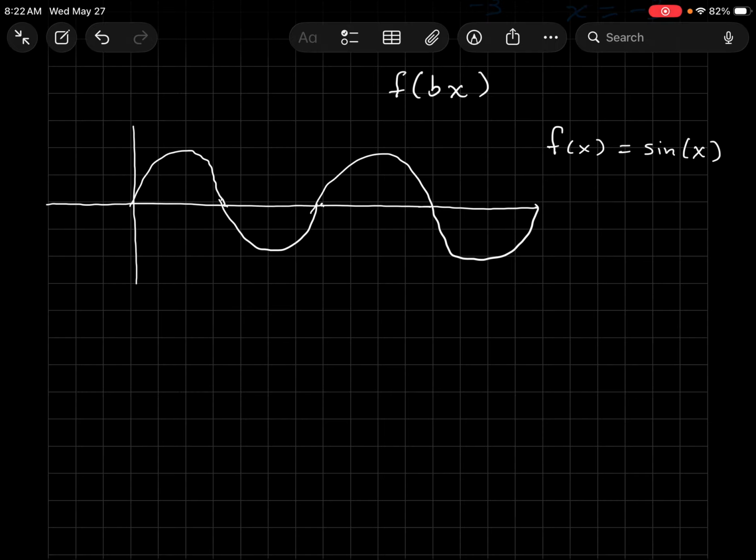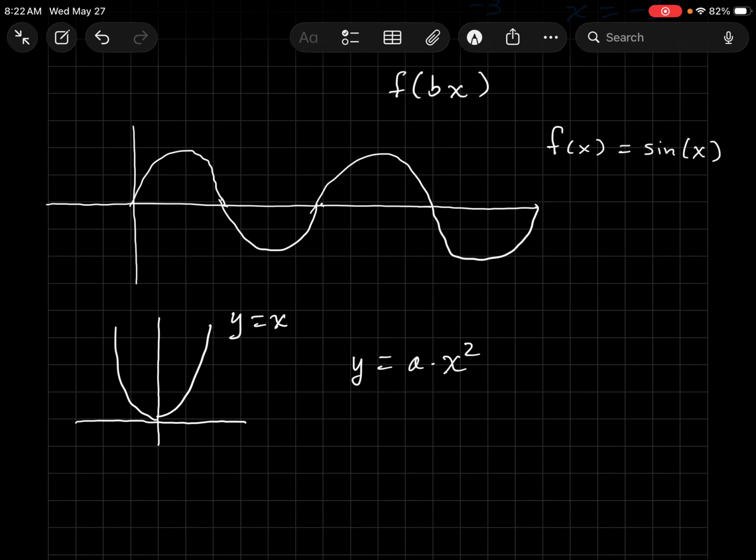Let's go back and talk about our parabolas when we did the following. When we did y equals a times, say, x squared. Where this right here would be y equals 1x squared. And then we did some problems where we said, let's let y equal, say, 2x squared.